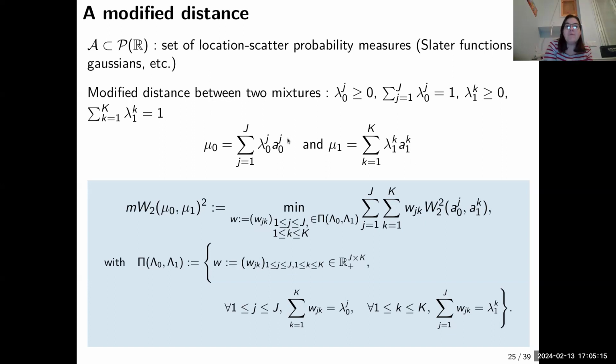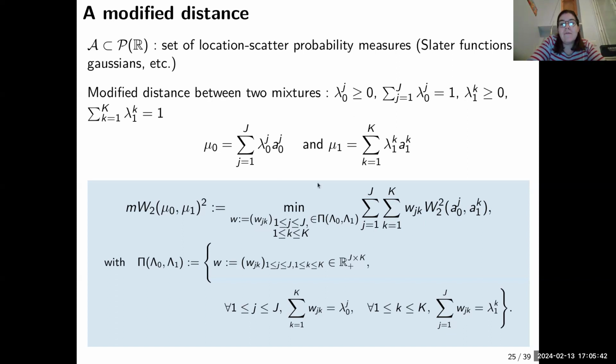These probability distributions could be probability measures on R3, or on R6. That would be the case if we want to approximate the two-body electronic densities. It's not a problem because the cost will only be related to the number of terms in this sum. And for the electronic structure calculations we're interested in, they remain quite small, let's say a dozen, not more.